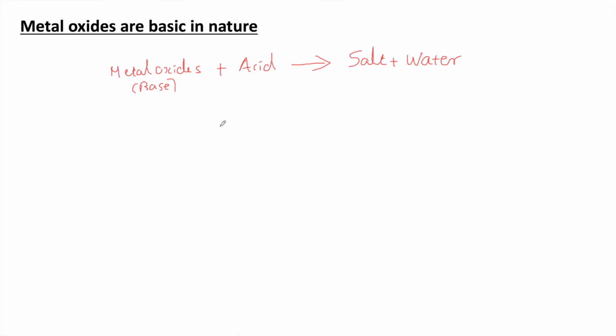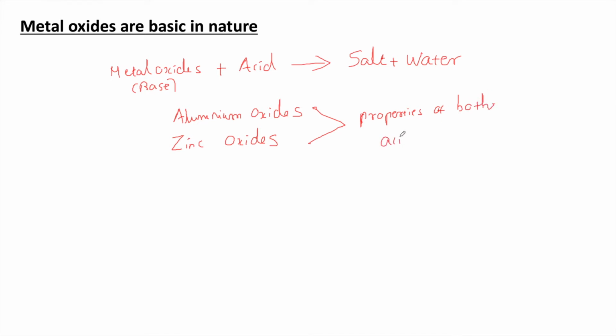But here also some exceptions are there. Some metal oxides show the characteristics of both acids and bases. Those oxides are aluminium oxide and zinc oxide. They show properties of both acid and base.